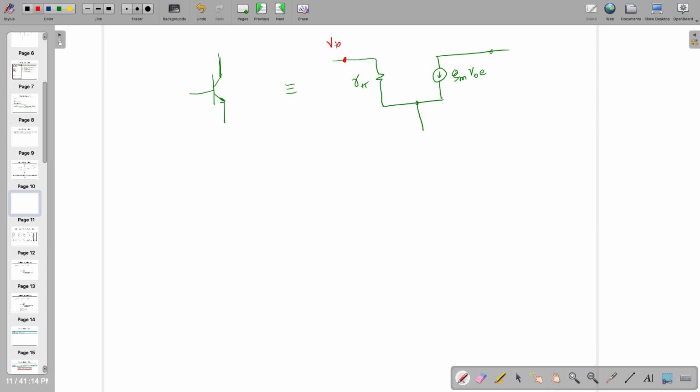This is VB, this is V emitter, and this is V collector. So if you want to solve a transistor, you can solve it using this circuit, which has resistance and dependent voltage sources, dependent current source, sorry.